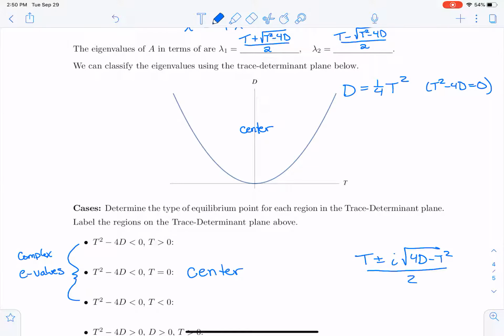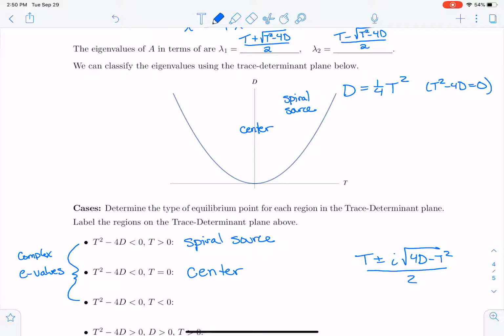Now, if T is bigger than 0, then we get a positive real part to our complex eigenvalues, and so we can say that this is going to be a spiral source. And so here, in this area, we get spiral sources.